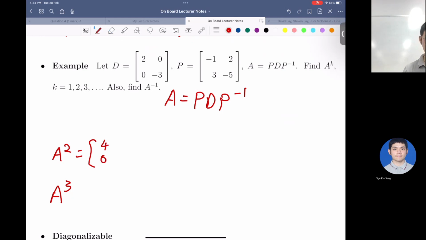I think something is wrong. 400. 0. Oh, 9. This one. A cubed. I think A squared is not right.